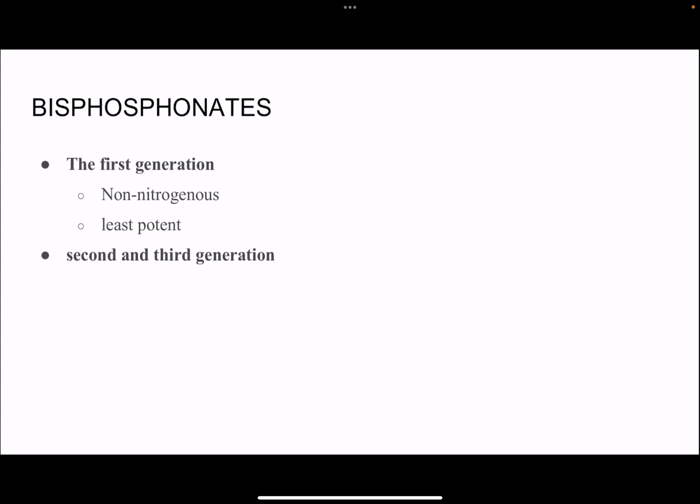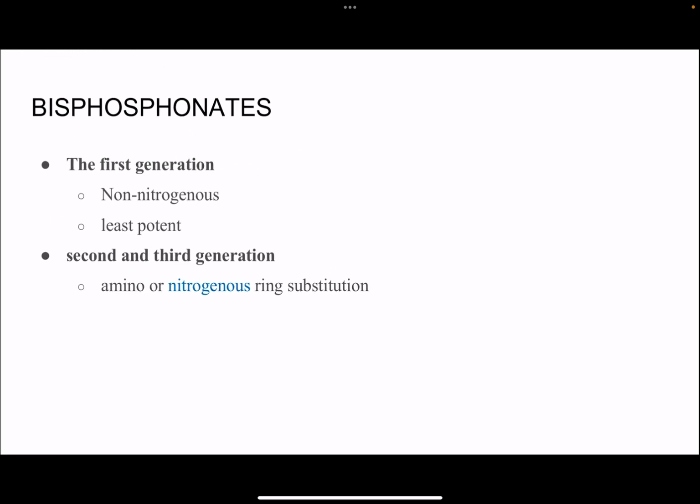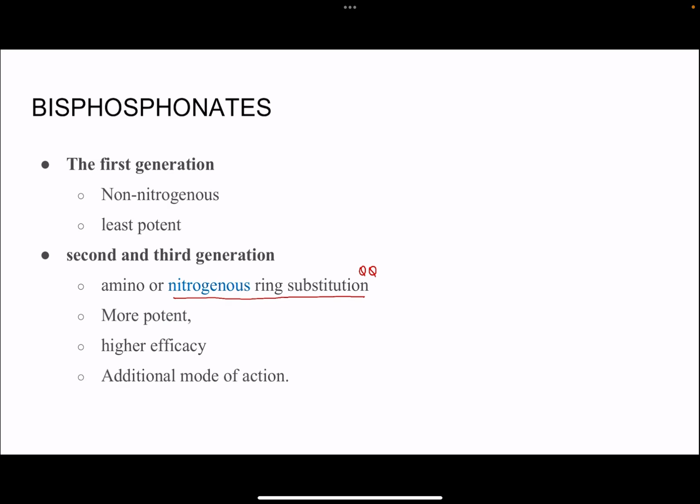Whereas the second and third generations have a nitrogenous ring substitution. Because of the nitrogenous ring substitution they are more potent and have higher efficacy, and they have additional modes of action such as inhibiting the mevalonate pathway as well as anti-tumor activities.